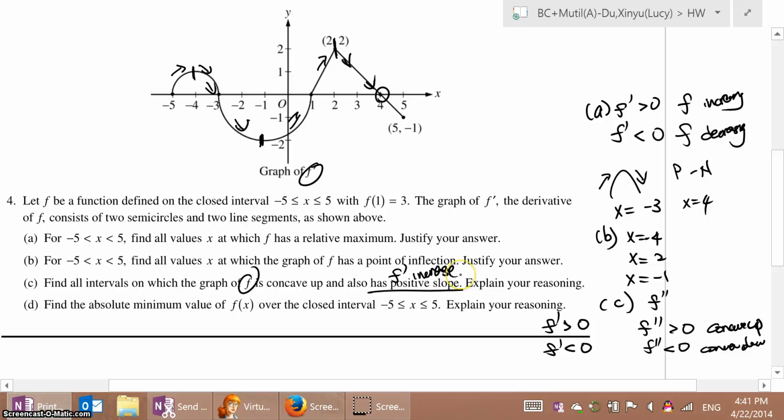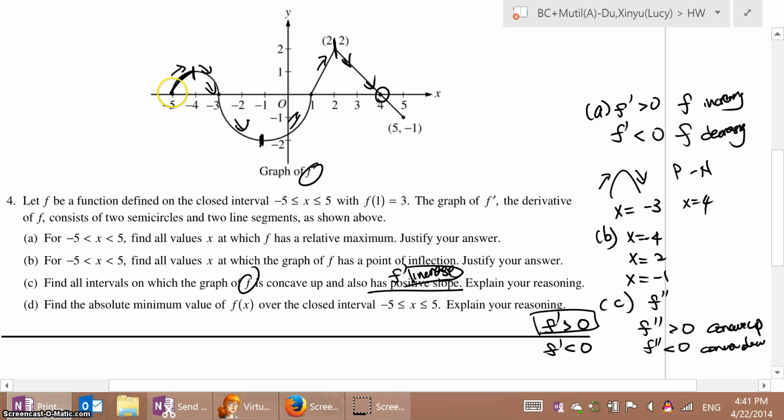And if it's a negative slope, then f prime is smaller than 0. So we're looking for, in this case, where f prime is greater than 0 and also increasing. So let's look at the graph.